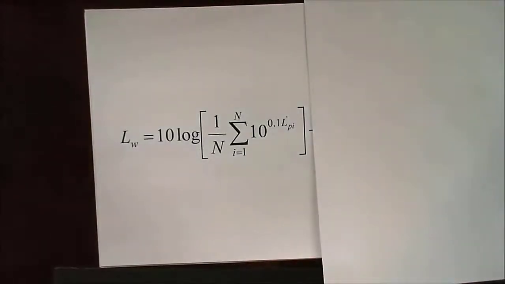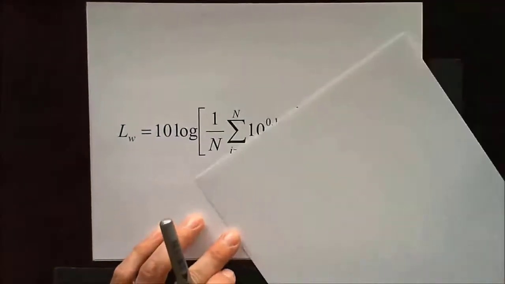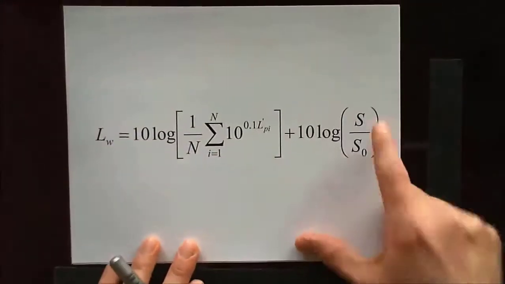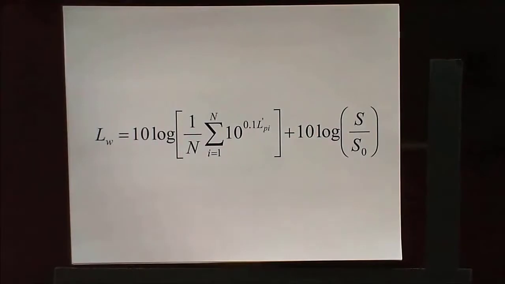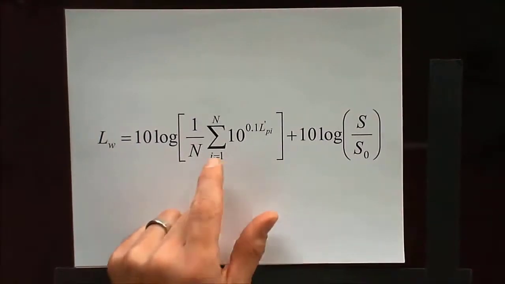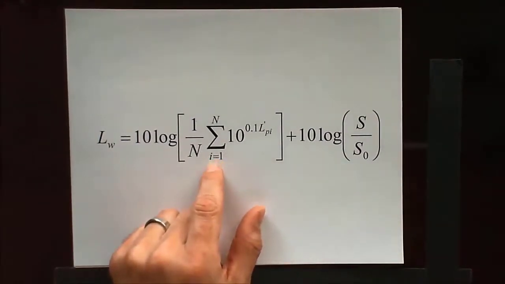Now, if we go back to this sound power equation I was showing you before, and we look at this other term, we have this S and S0. So this term takes care of the location dependence for sound pressure, right?